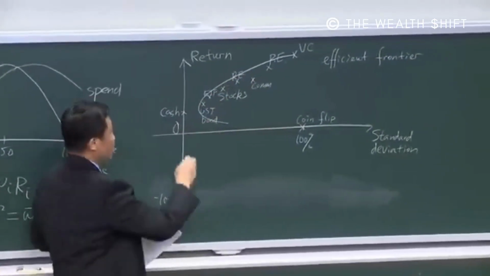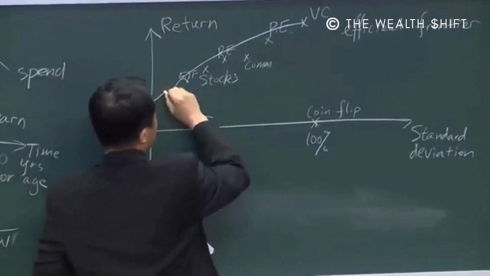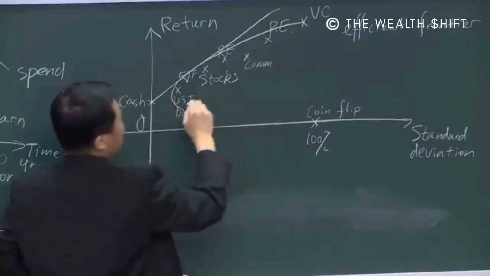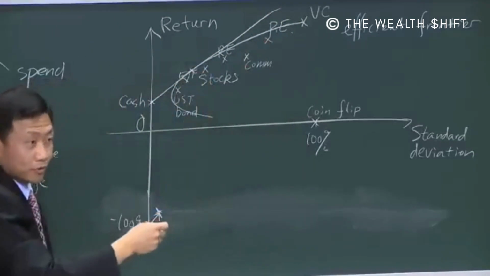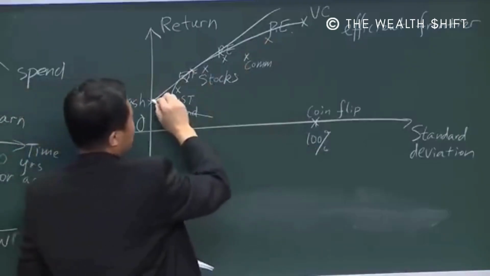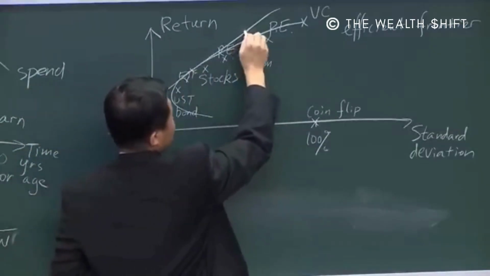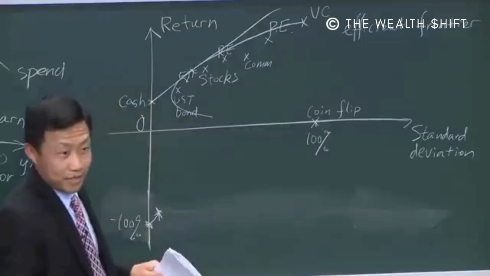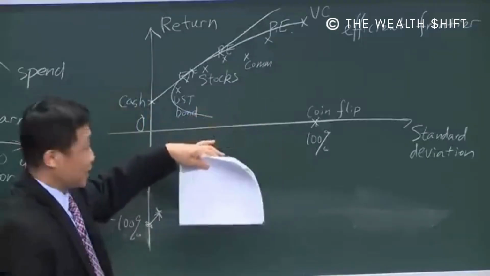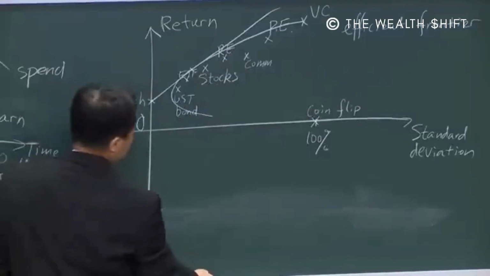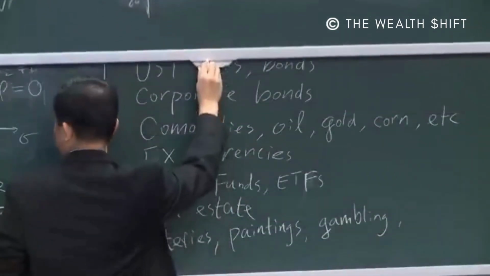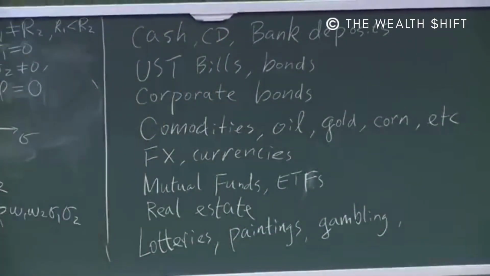When you add cash, you can combine the cash into the portfolio, giving a higher efficient frontier, essentially higher return with the same exposure. So let's look at a couple more cases, then I will tell you.